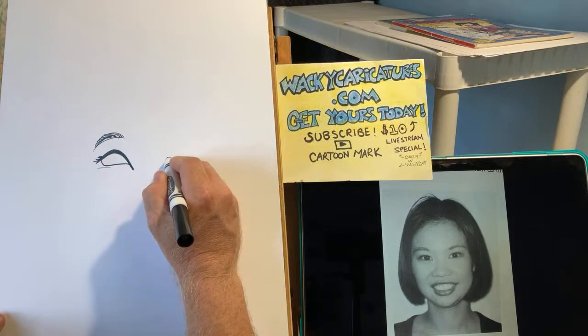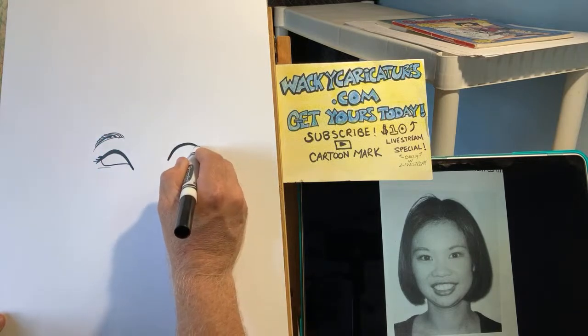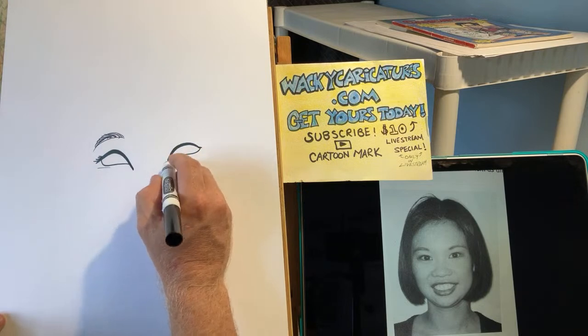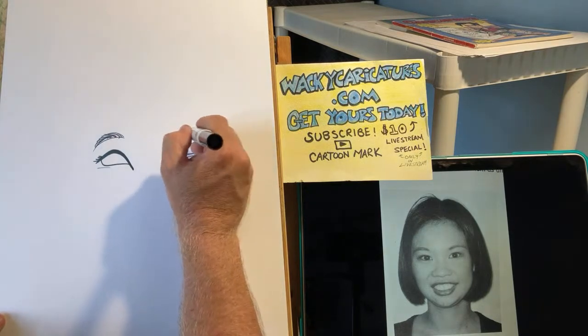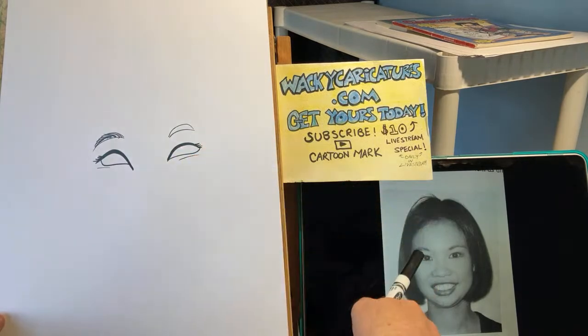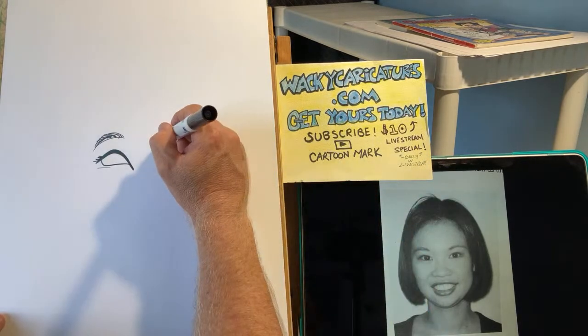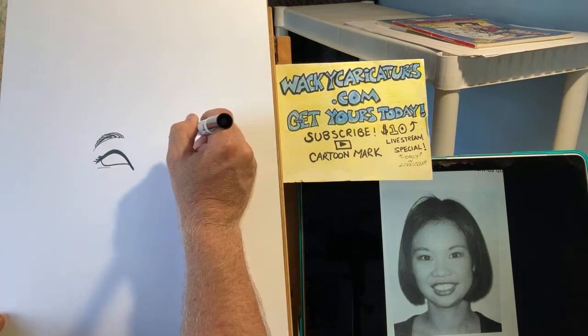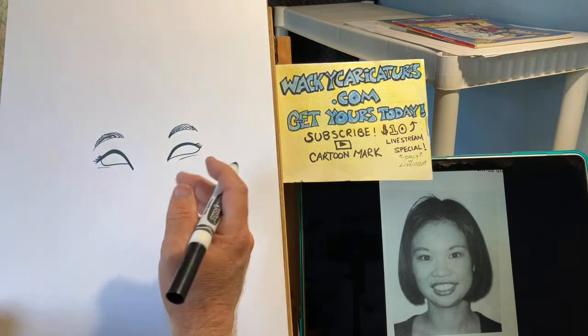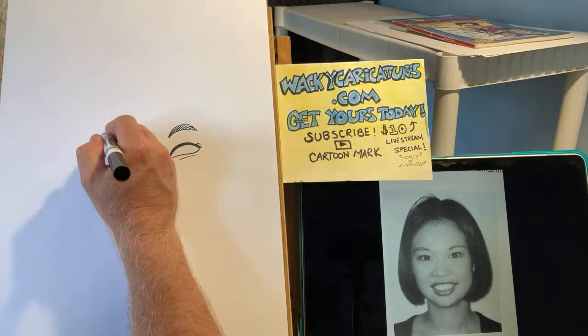Her eyes seem more far apart. And again, the eyelashes. And see how much space she has between her eyelid and her eyebrow. That's going to give you a likeness. That's going to be part of the thing that when somebody's brain and eyes are looking at this, gives it a likeness. And you say, yeah, that's her.